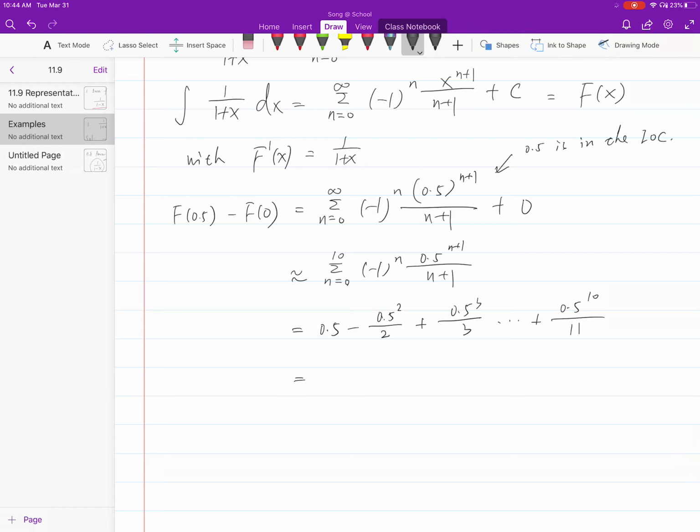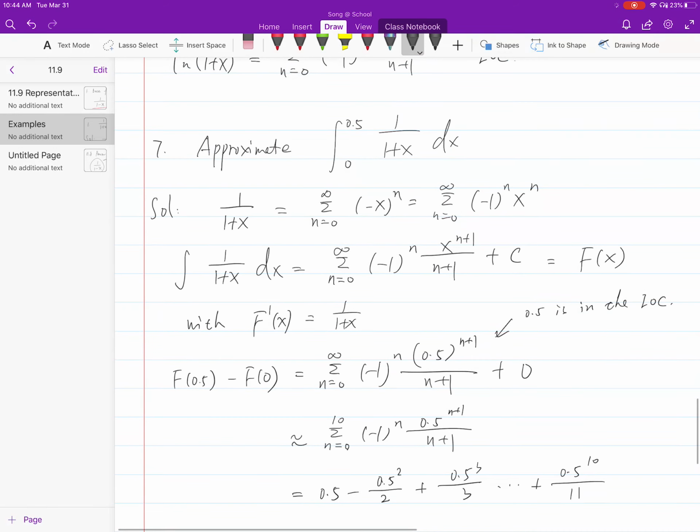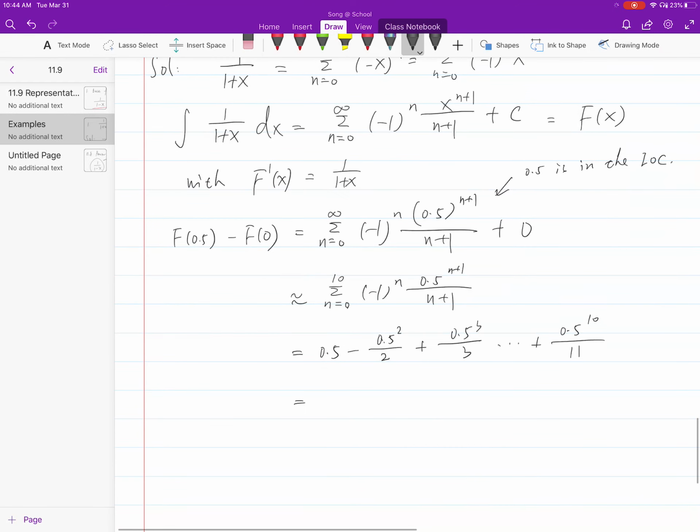That will be your approximation of this one here. So again, if you have a calculator or a computer, even though you need infinitely many terms, you can always stop at a final term and use that as an approximation and say, hey, if I can tell you the error is really small, then you can probably trust this one if you don't care too much about the precision. Okay, so that's another good thing about power series: by writing things into power series, you can always stop somewhere.